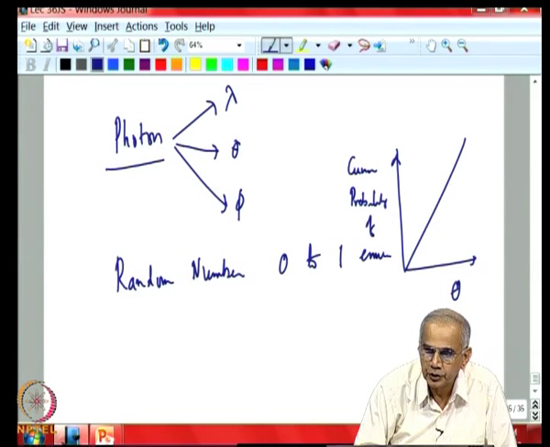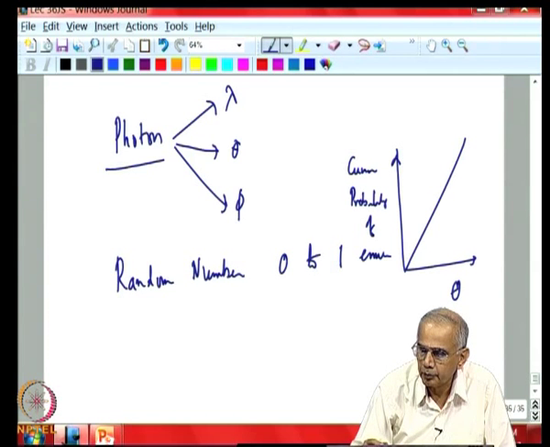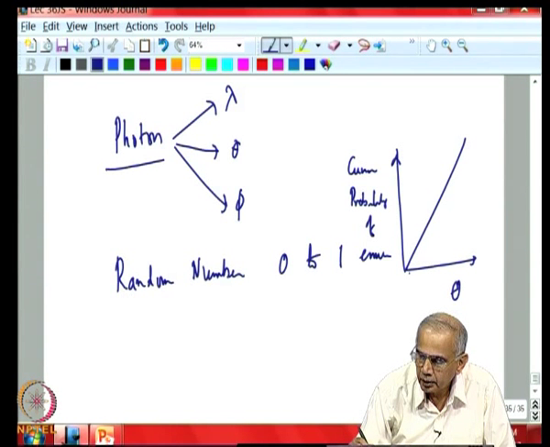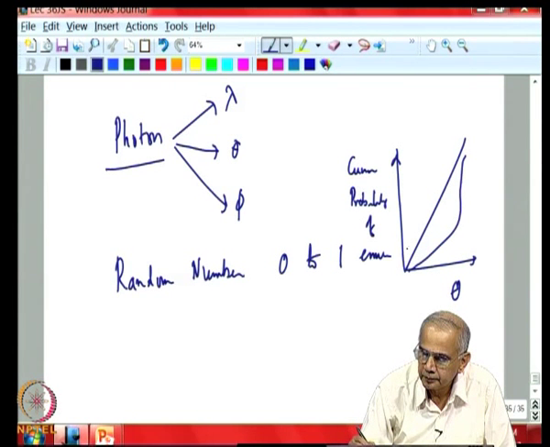If it is a diffuse isotropic surface, then the cumulative probability of emission with theta will be a linear function. On the other hand, if the surface is not isotropic or diffuse, it may follow some other path.